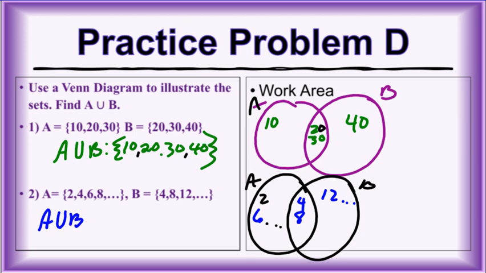So A union B, actually, just joining all of them together, we would have 2, 4, 6, 8, and we could just continue with the ellipsis because it would keep going, because we're just listing all the elements in both sets.